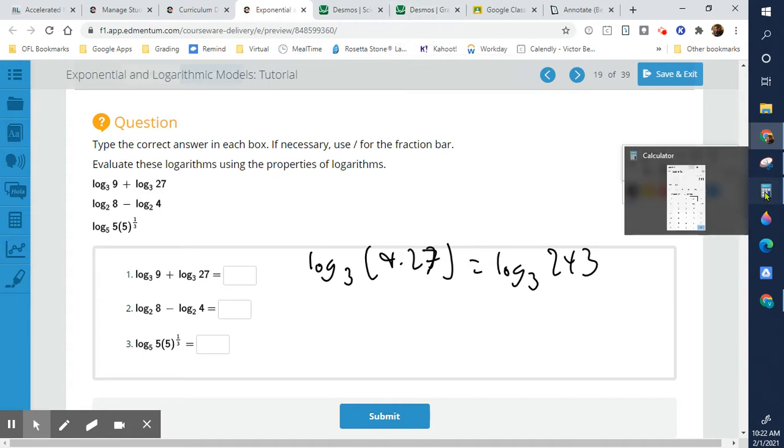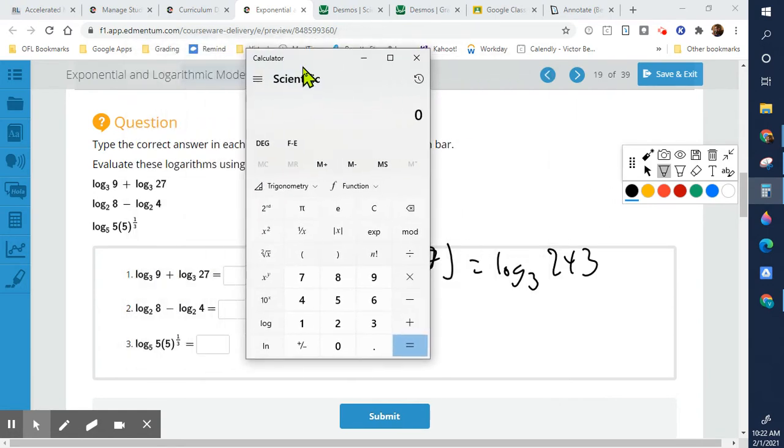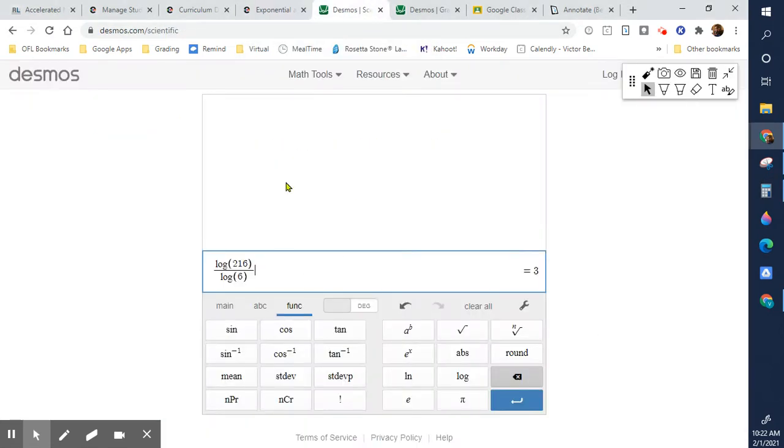The easiest way to do this, let's say I had a regular calculator like this, you'll notice that there's still a log button. So even if you don't have Desmos, there's still a log button we can use here. Oh, I remember why I don't like these calculators. You want a calculator that writes it all out for you. So I'm going to start this from the beginning.